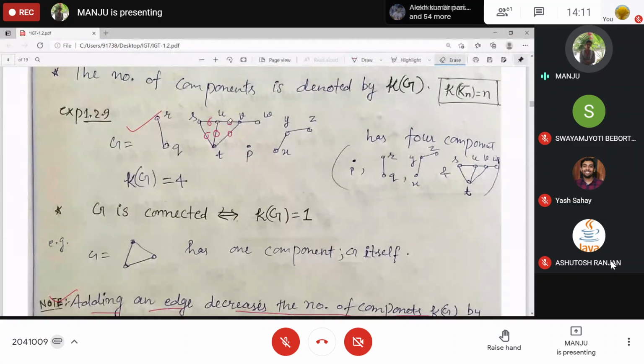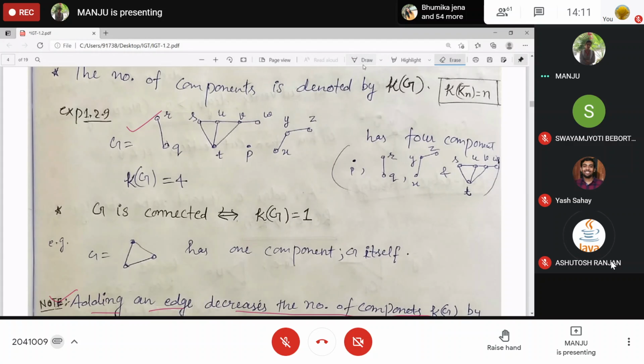And if you remove an edge which is not present on a cycle, then the number of components increases by 1. So addition decreases the number of components by at most 1, and deletion increases the number of components by at most 1. Is that clear?